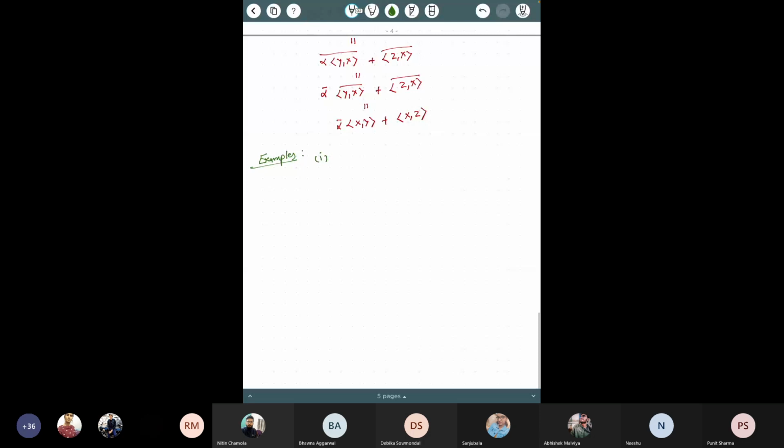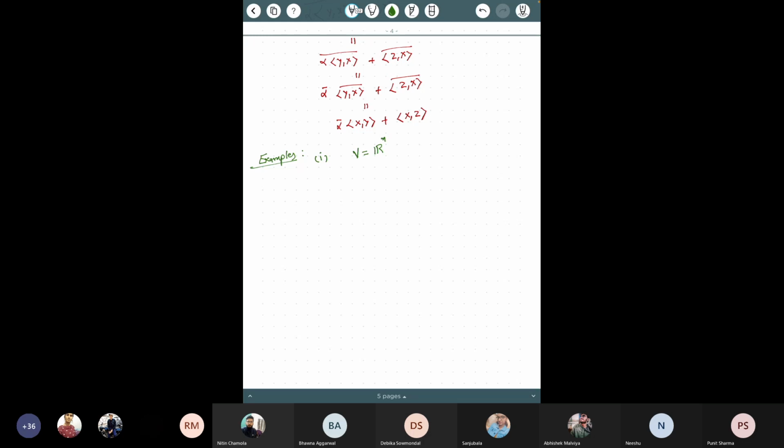Okay, so let us take V as Rn over R. V is the vector space Rn, and to define an inner product, we need to define a function from V cross V to R, here Rn cross Rn to R, right?